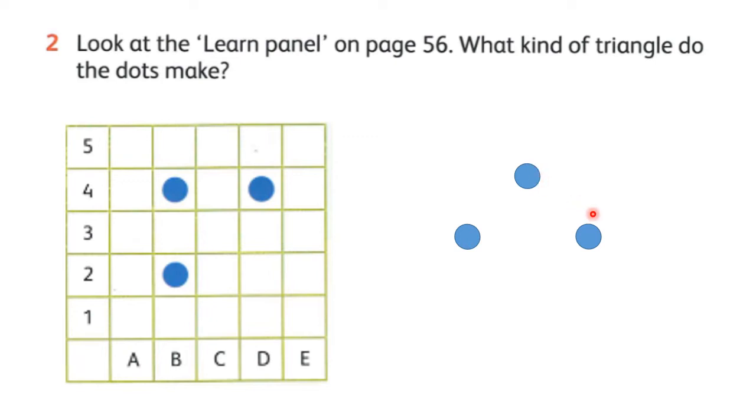And if we join the dots, we get a triangle. What type of triangle? Is it scalene? Is it isosceles? Or equilateral? That's right, it's an isosceles triangle. 2 equal sides and 2 equal angles.